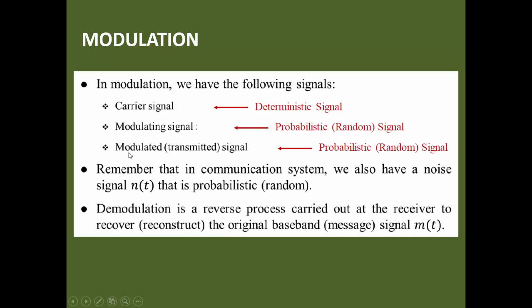And the modulated signal again becomes a probabilistic signal. These are some important characteristics one must understand. Remember that in a communication system, we also have noise that is probabilistic. So noise is again probabilistic and random. Demodulation is a reverse process carried out at the receiver to recover the original baseband signal m(t).